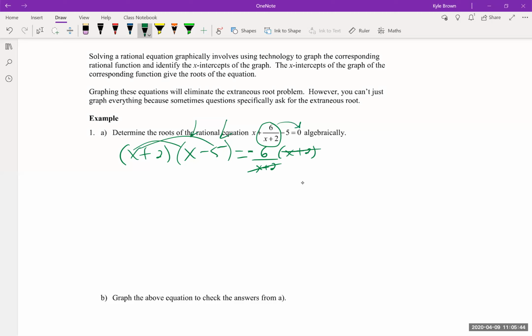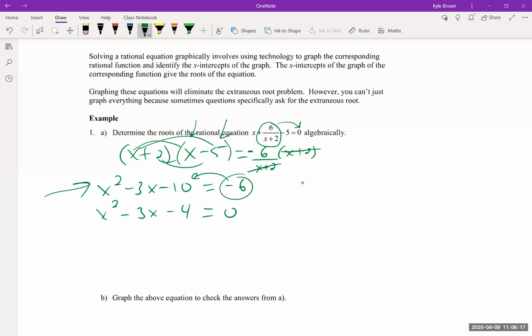So we end up with x squared minus 3x minus 10 is equal to, and I still have negative 6 over there. Now, to solve this I need to get everything on one side, so I'm going to bring the negative 6 over, making it positive. That becomes x squared minus 3x minus 4 is equal to 0.